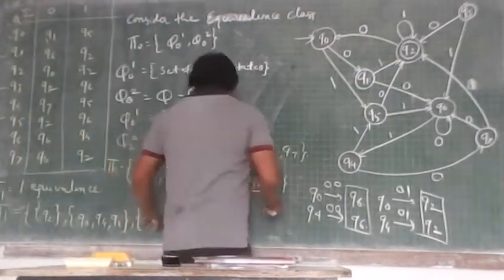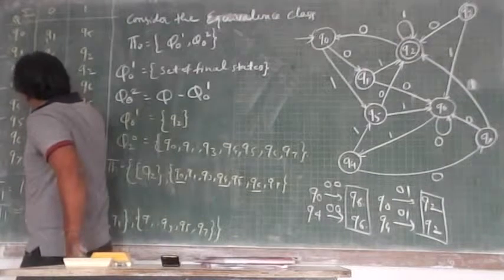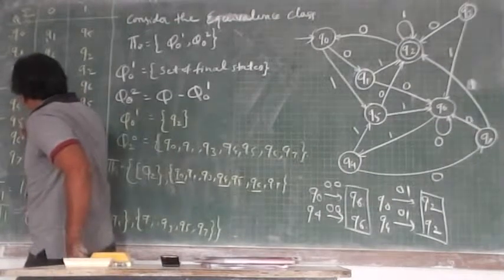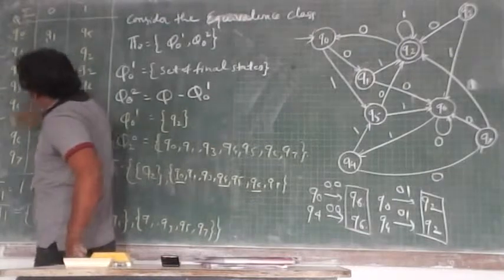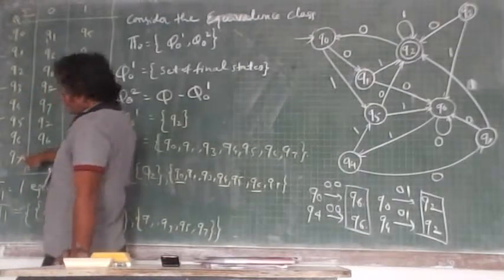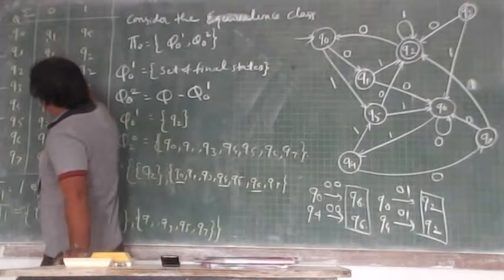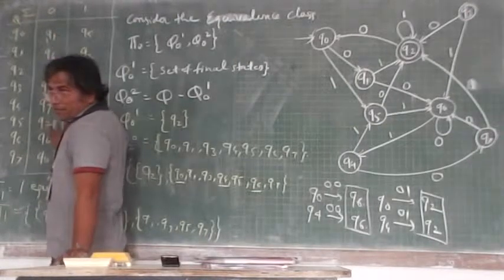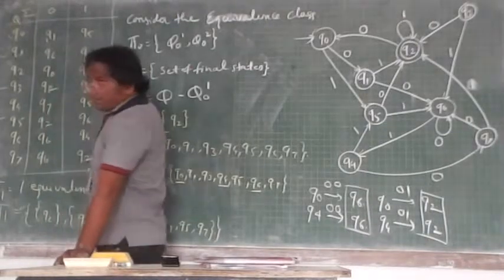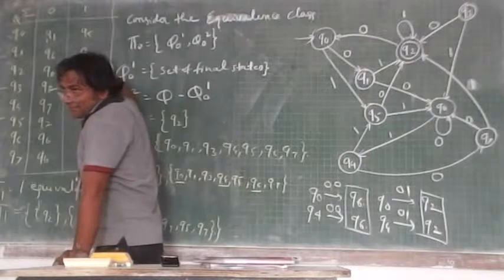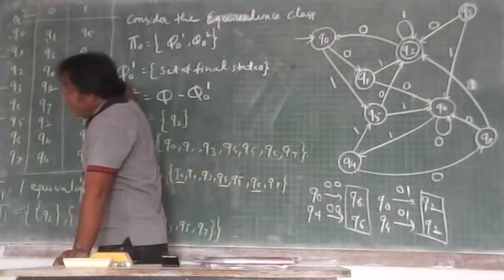But even we can say here that if you see Q1 and Q5, Q1 and Q7. If you see Q1 and Q7, for 0 both are going to a non-final state, and for 1 both are going for a final state. This is again one equivalent. Okay?